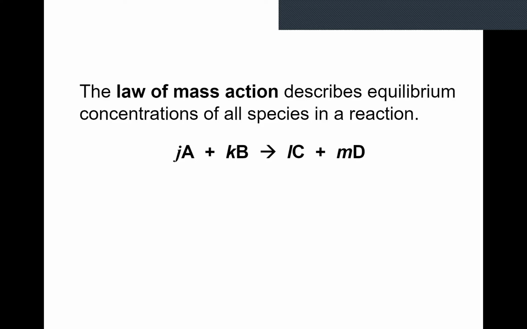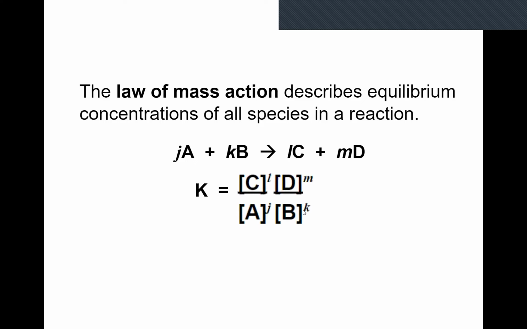Now, this looks like a lot of letters, and it is. I want you to focus on the capital letters A and B yielding C and D right now. Those represent the chemical species. The italicized letters J and K and L and M, they represent the coefficients. Now watch what we do here.